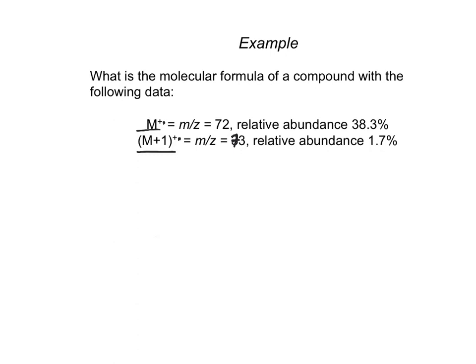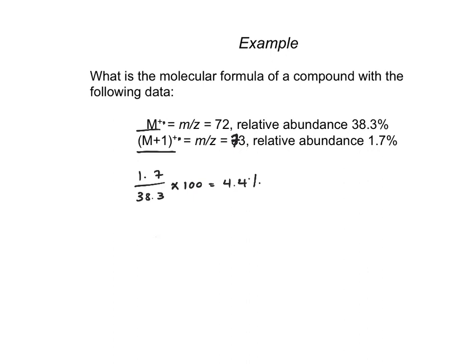So if I take 1.7 and I divide it by 38.3, again, I'm comparing M plus 1 to the molecular ion, and I multiply this by 100, I end up with 4.4%, okay? So this says that the M plus 1 peak is 4.4% of the molecular ion peak.